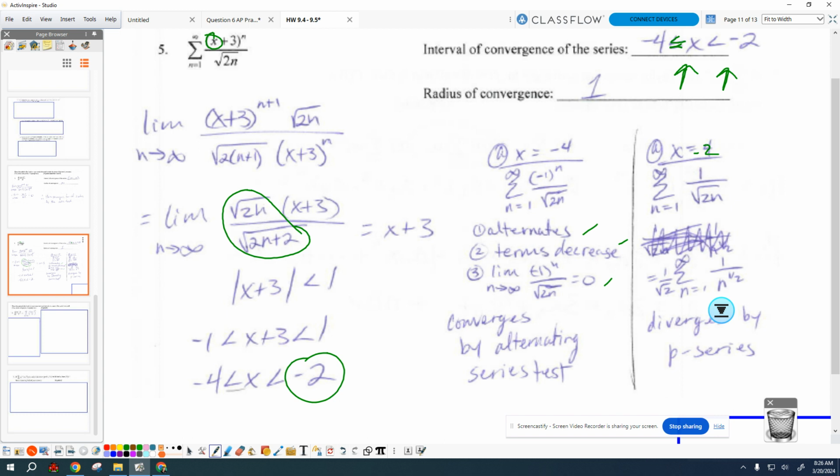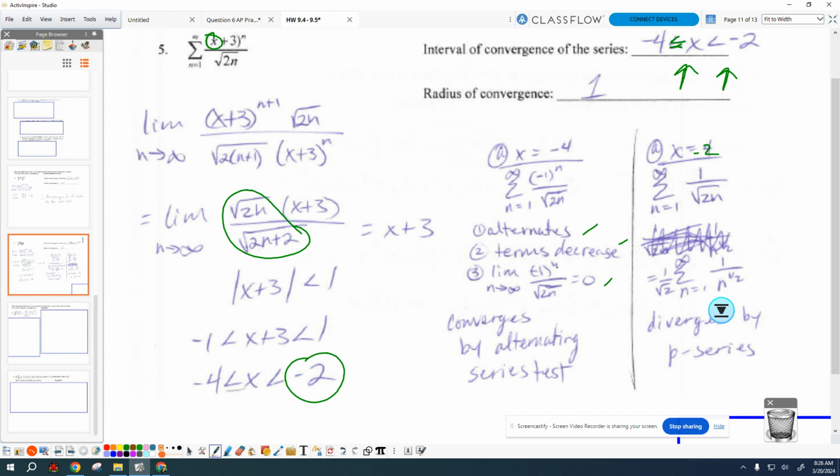Isn't technically the -1 over n to the 1/2, would that also technically be a p-series that diverges? This is -1 to the n, so it's positive, negative, positive, negative.